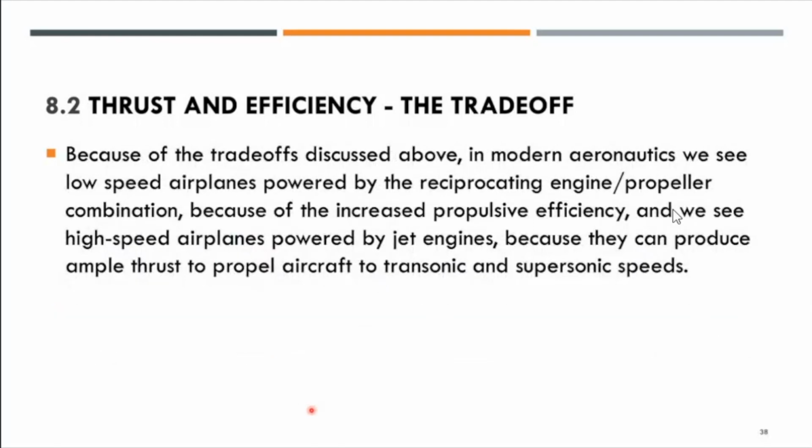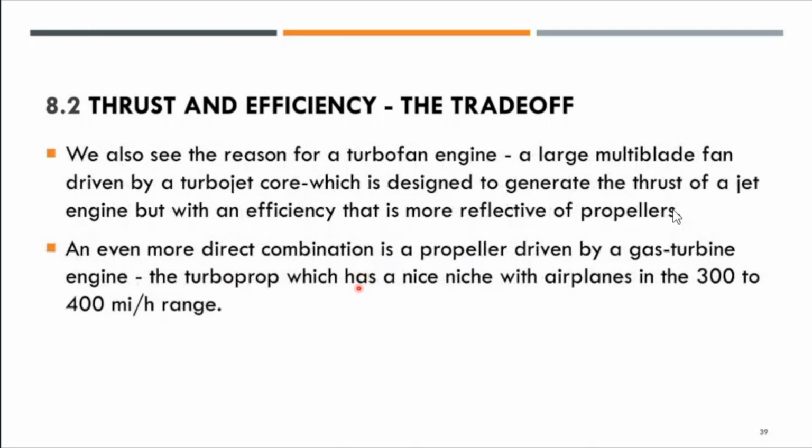Because of the trade-off between thrust and efficiency discussed above, in modern aeronautics we see low speed airplanes powered by the reciprocating engine and propeller combination because of the increased propulsive efficiency. And we see high speed airplanes powered by jet engines because they can produce ample thrust to propel aircraft to transonic and supersonic speed.